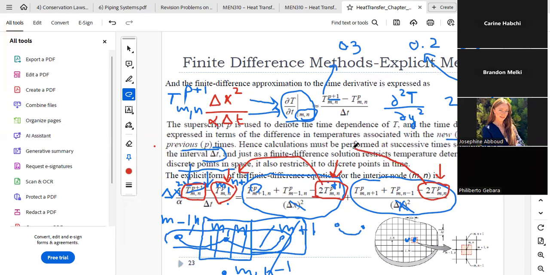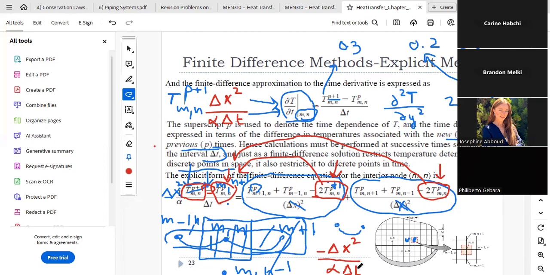Then I can determine the coefficient of T p m n. The total coefficient of T p m n is minus, so here I have a minus. So I will have minus delta x squared over alpha delta t.